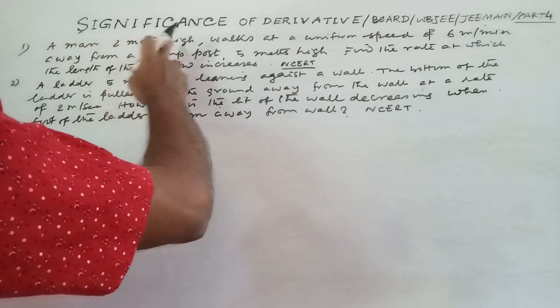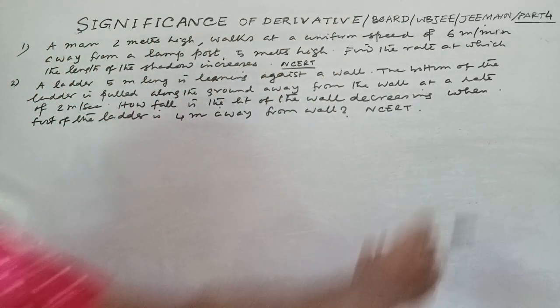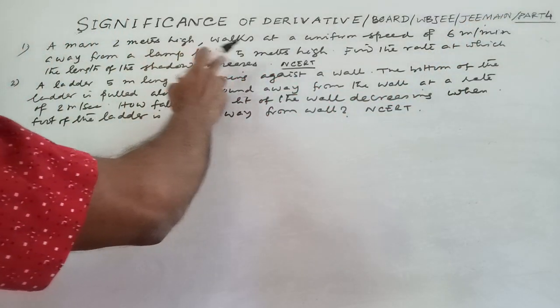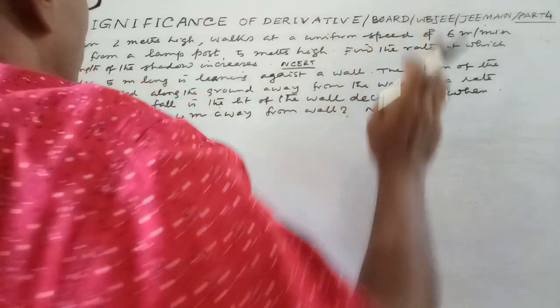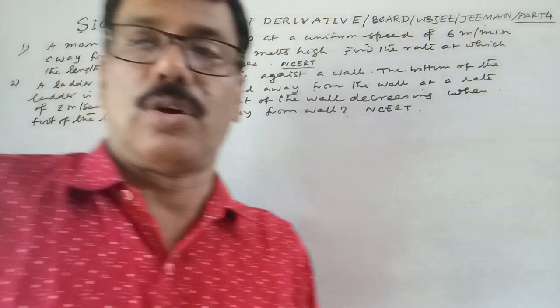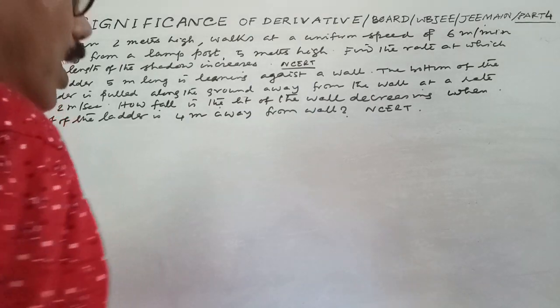A man 2 meters high walks at a uniform speed of 6 meters per minute away from a lamp post 5 meters high. Find the rate at which the length of the shadow increases. So the man is walking on a road.